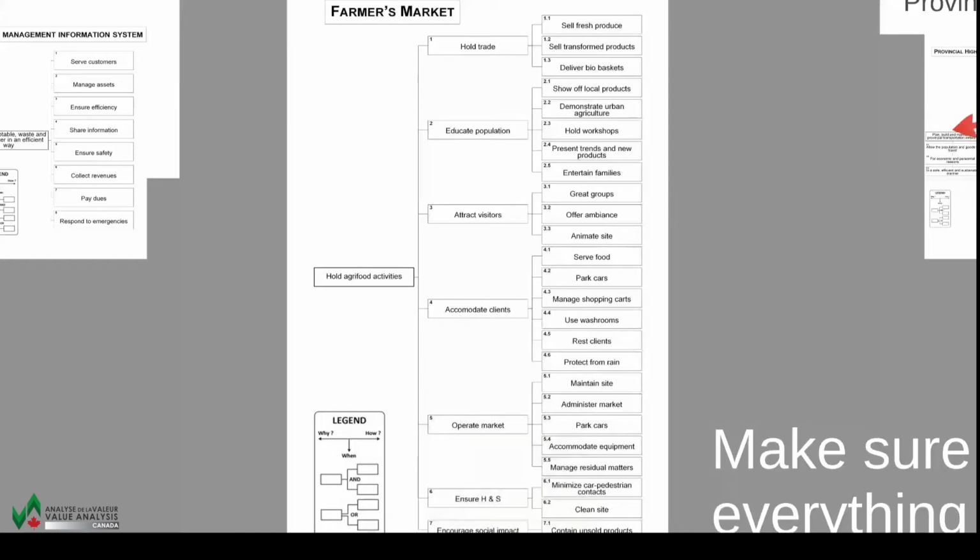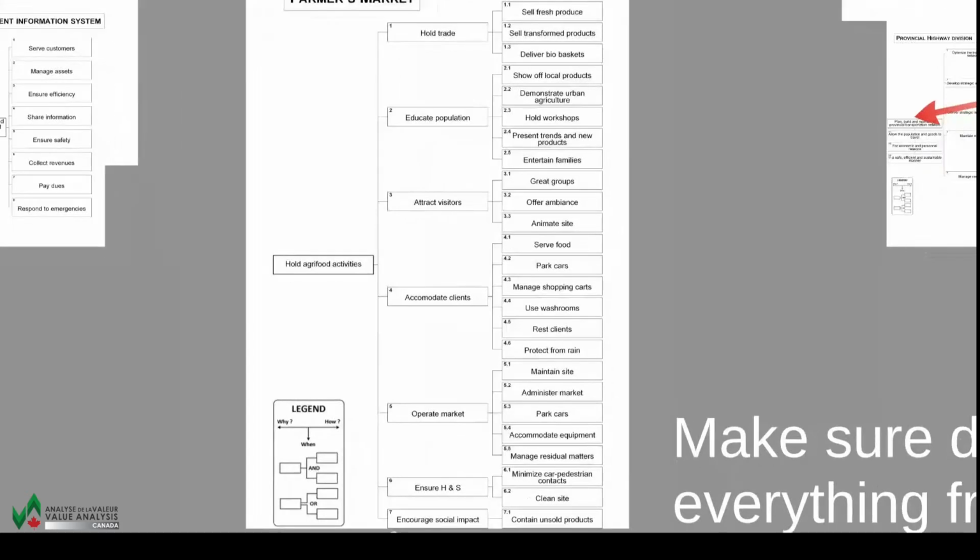The professionals went out and they designed a market that did all that within the budget also. And it has been built, and it's super popular now because it does so much more than just sell fresh produce or transformed products. So they are very happy.